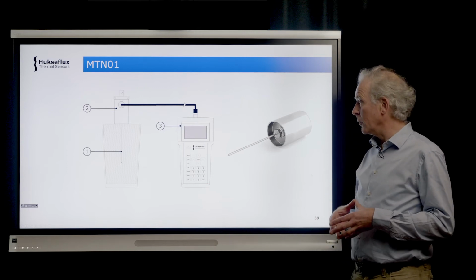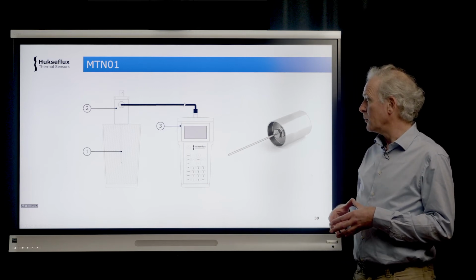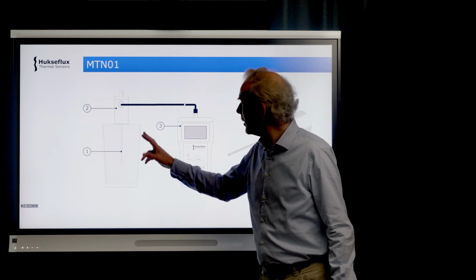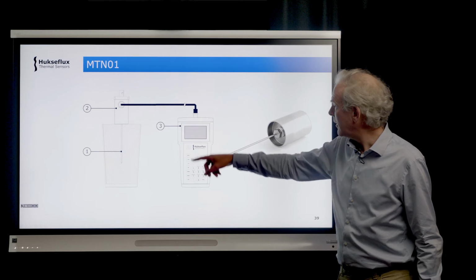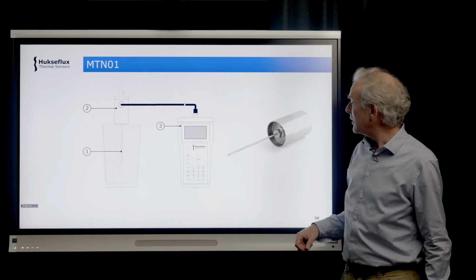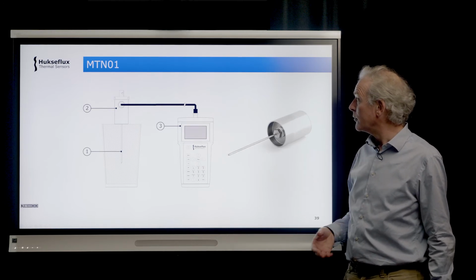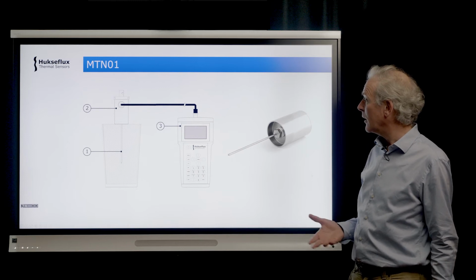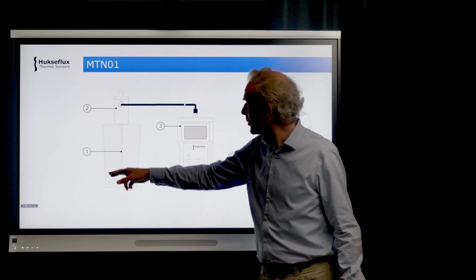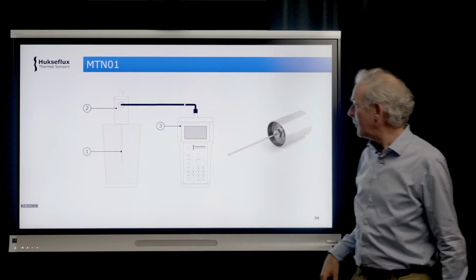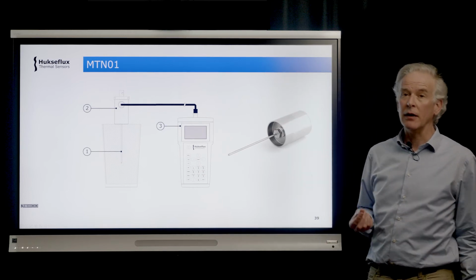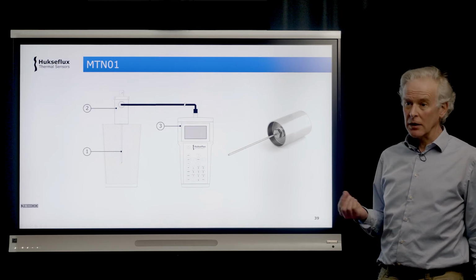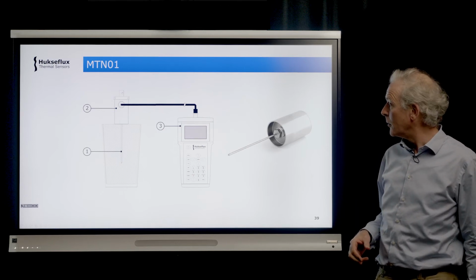If you want to perform measurements on a laboratory sample, you can insert that needle connected to the readout unit that you're also using for the FTN system, and you have the possibility to analyze smaller samples. The diameter of the needle is about 3 millimeters, so it's slightly more vulnerable.